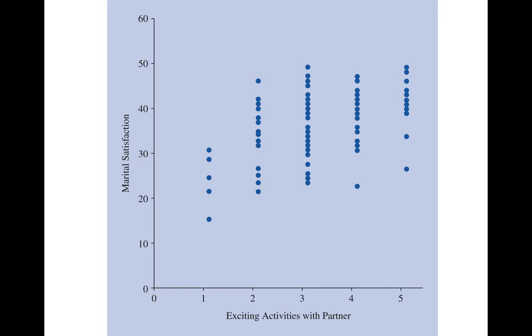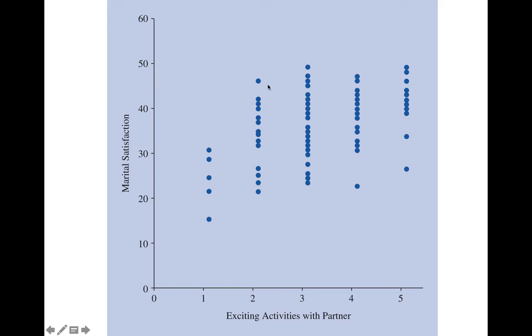That is, the exciting activities is the predictor of marital satisfaction. So with that framework in mind, the predictor variable, by convention, is graphed on the horizontal or x-axis, and the outcome variable, or the y variable, is graphed on the vertical axis.